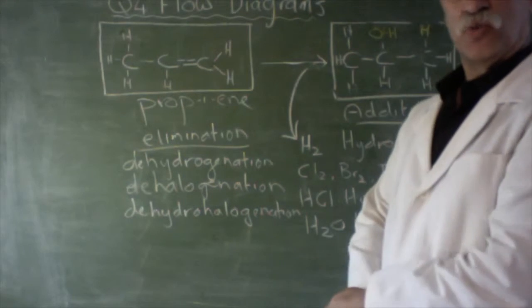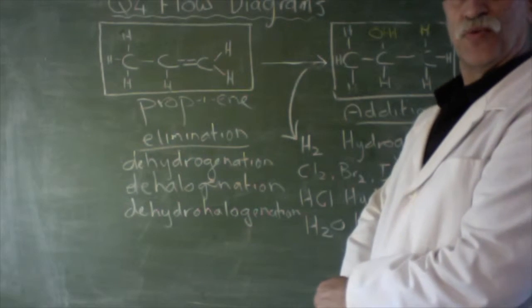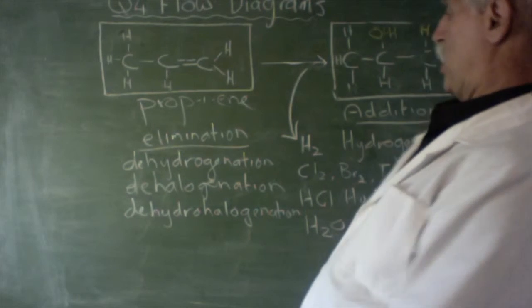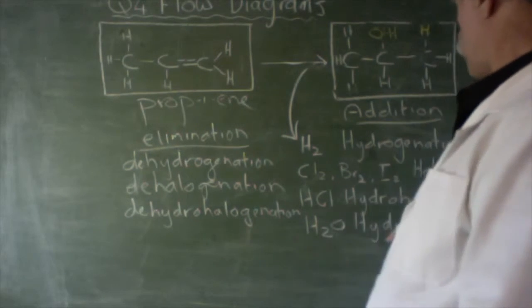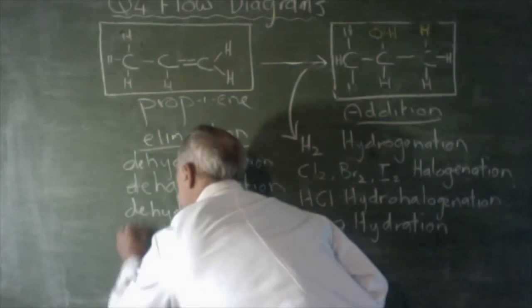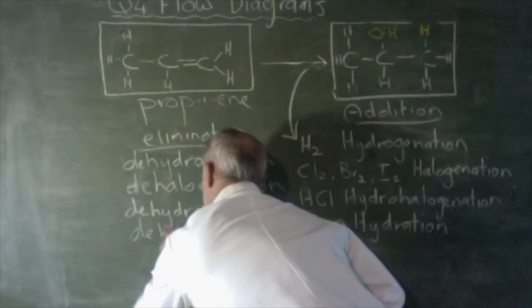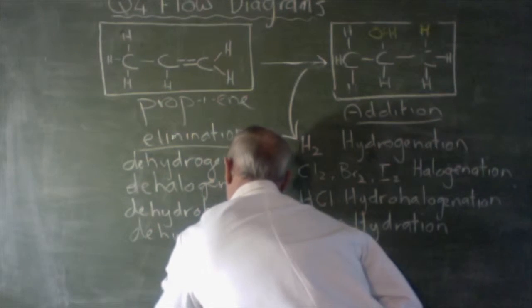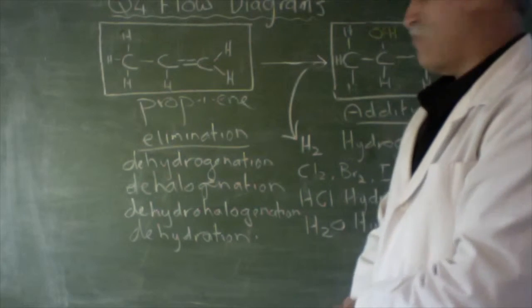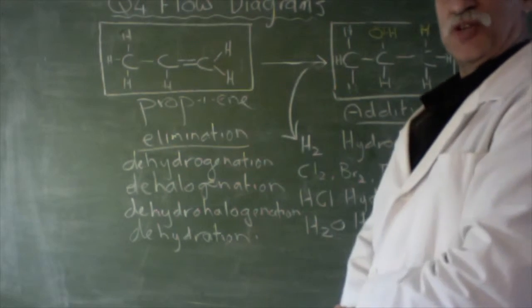And likewise we could also lose the water. If we were to lose the OH and H, it would be the opposite, a dehydration reaction. So there we have addition and elimination reactions.